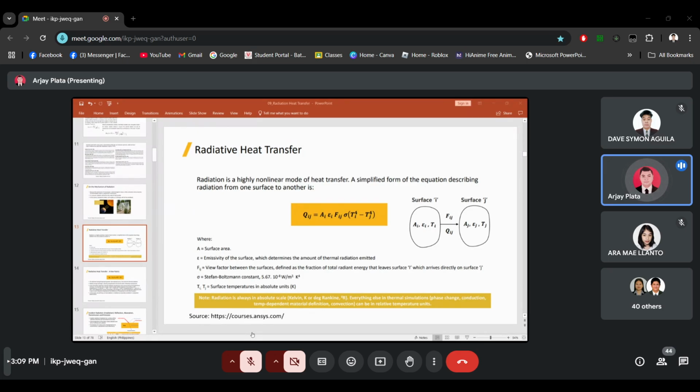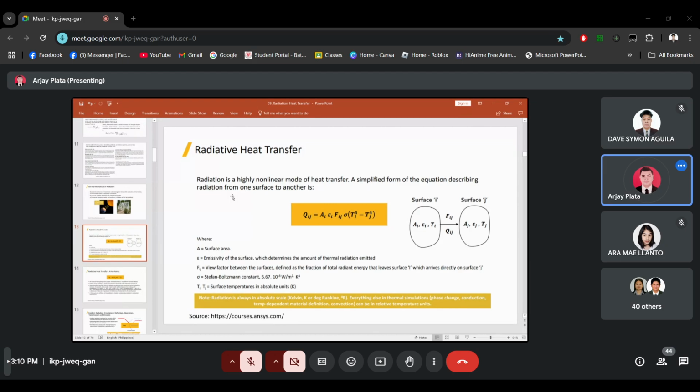For us to proceed with our next discussion, it's more on how to use ANSYS in simulation of radiation heat transfer. In the video, it is also mentioned about the view factor. It is dependent on the orientation of the surfaces.